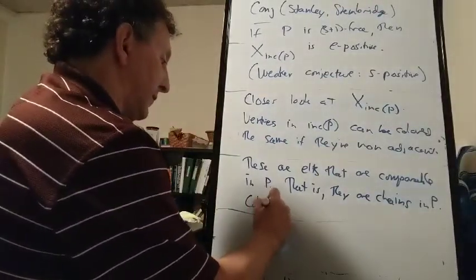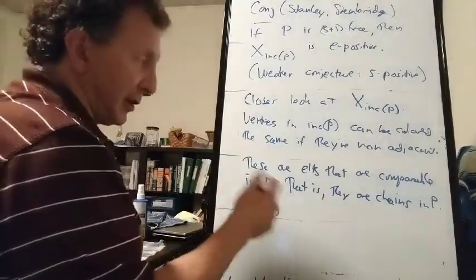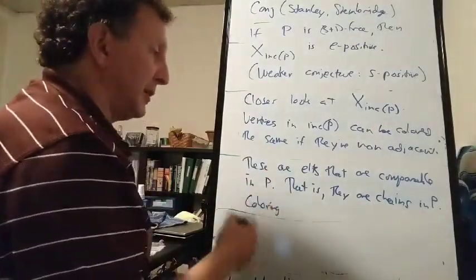Now, mutually non-adjacent vertices in a graph are called independent sets.